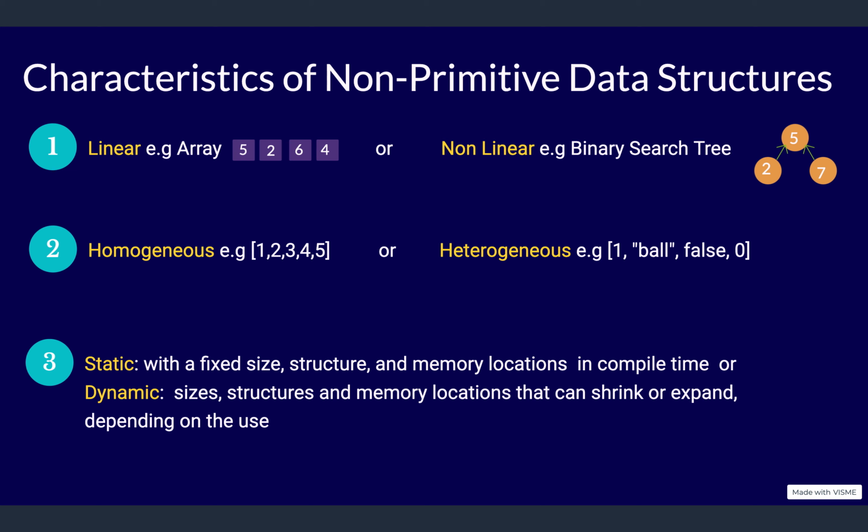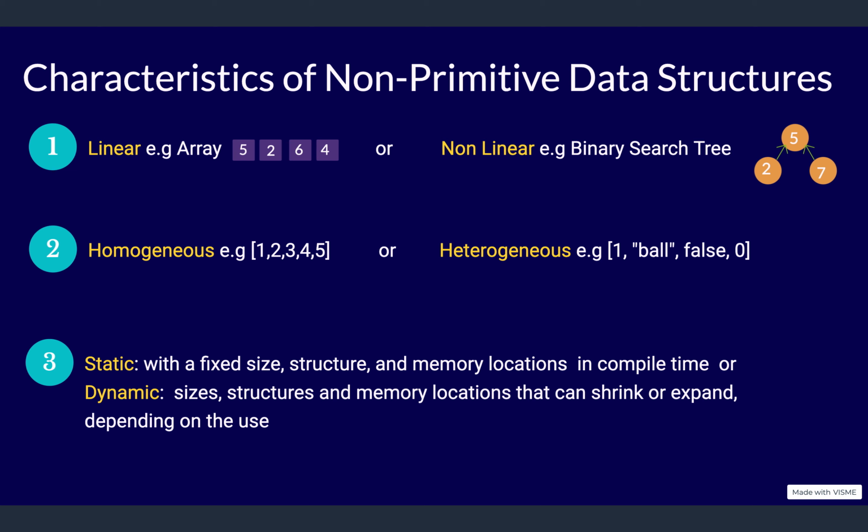A very good example of a linear data structure is an array, and a very good example of a non-linear data structure is a binary search tree, and the diagrams are shown here.